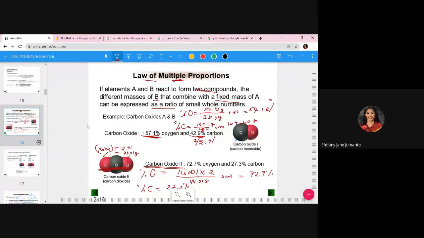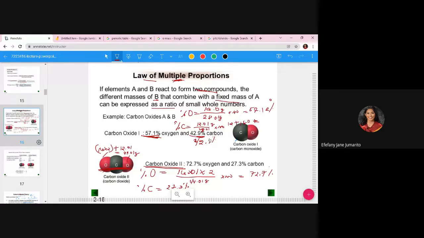Now you see, class, in carbon oxide, the composition is already definite. We have percent oxygen 57.12 and percent carbon 42.9.